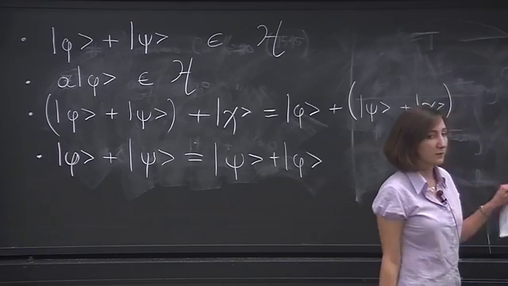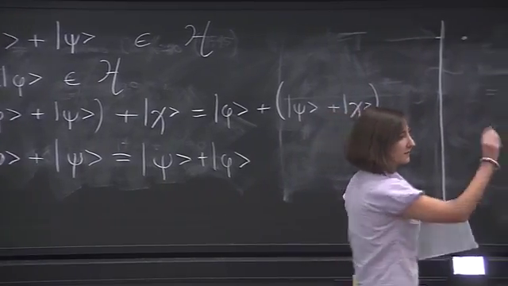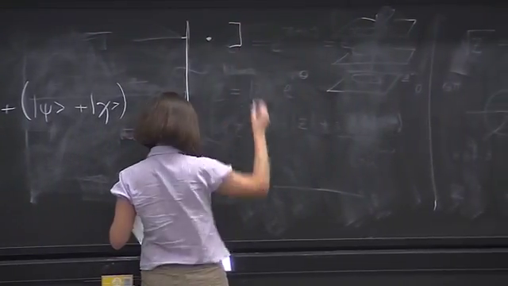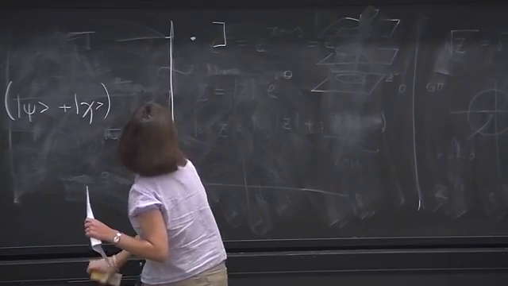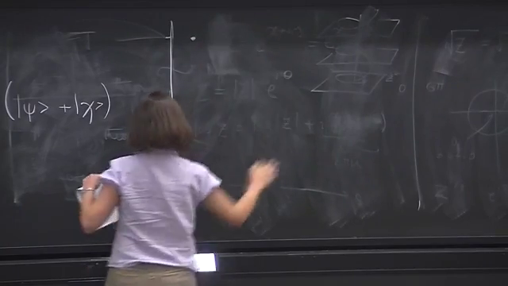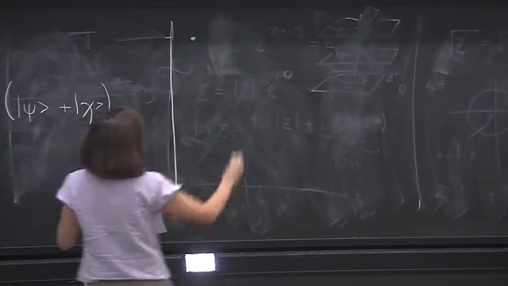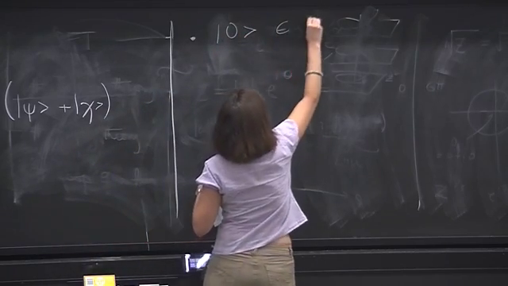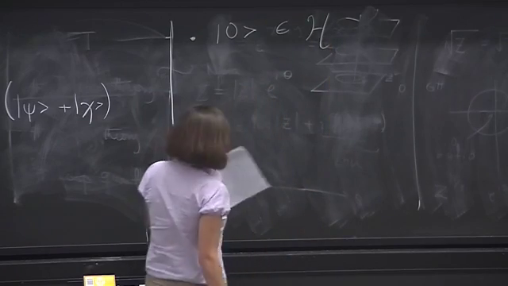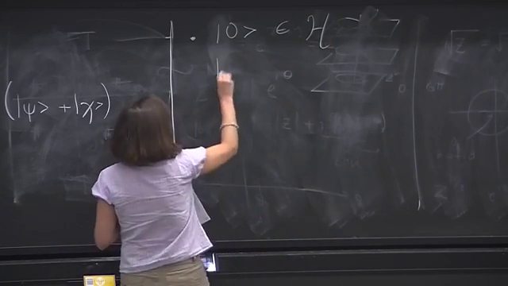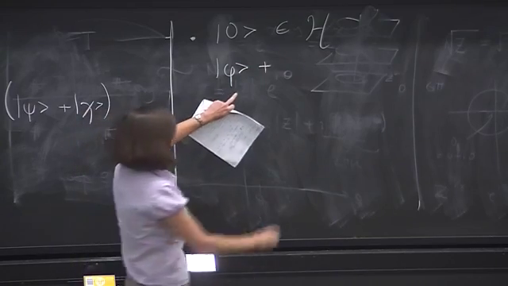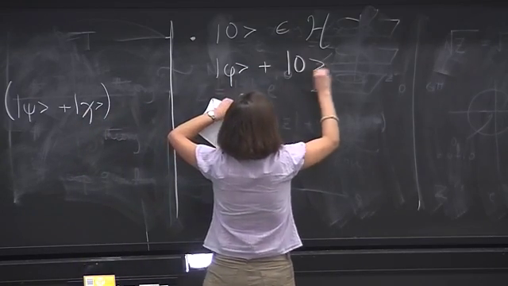Another thing that is a requirement for a vector space is that there exists a zero element. So in quantum mechanics, this is known as the vacuum state. This is part of the Hilbert space, and if it is added to any physical state, it does not change it.